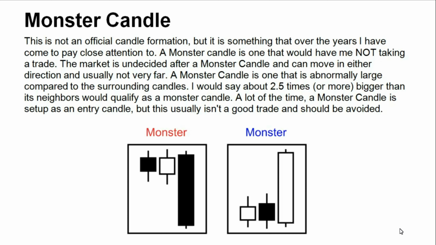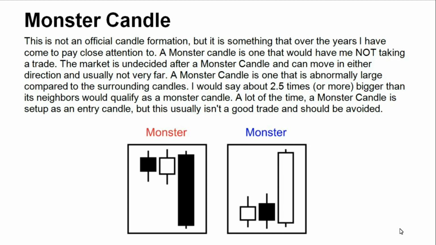And after this monster candle, the market goes silent. So how do you know it's a monster candle? A monster candle is an abnormally large candle compared to the surrounding candles. You see a single candle that looks like a railroad, one big candle that is just abnormal, two and a half times or more the size of the other candles on the forex chart.